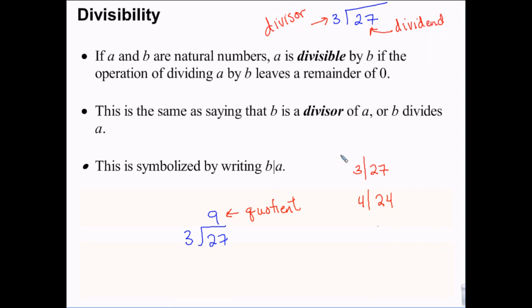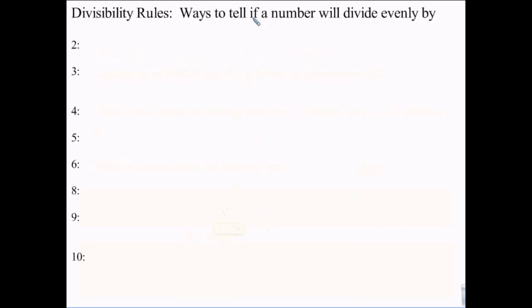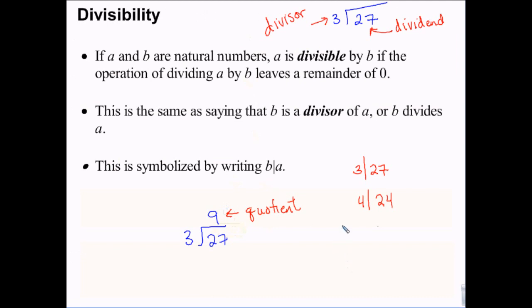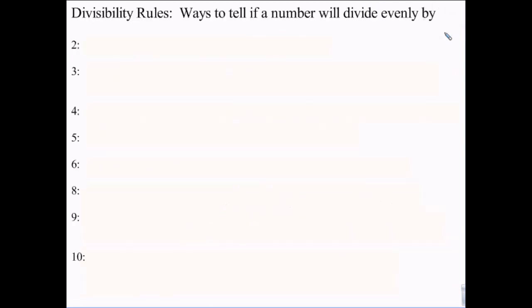Brings me to an interesting thing. 27 is divisible by 3. It's also divisible by 9. So once you know one, you can find the other, or at least one of the others. There's multiple ones. Here's how you can tell if numbers divide evenly by these numbers here.